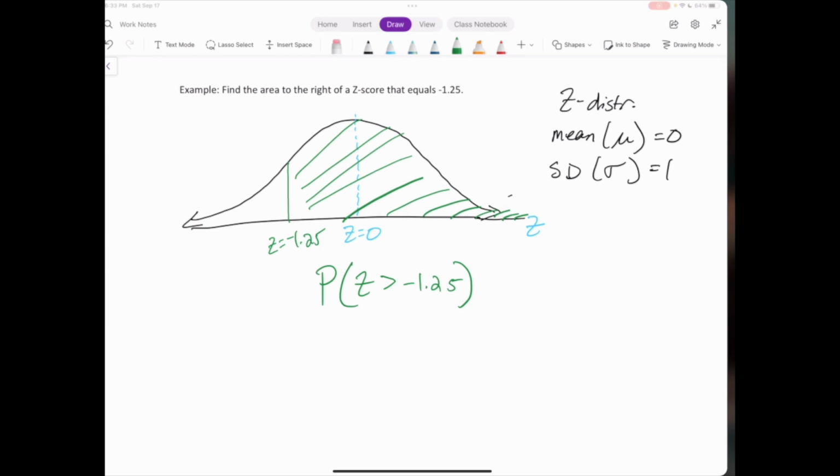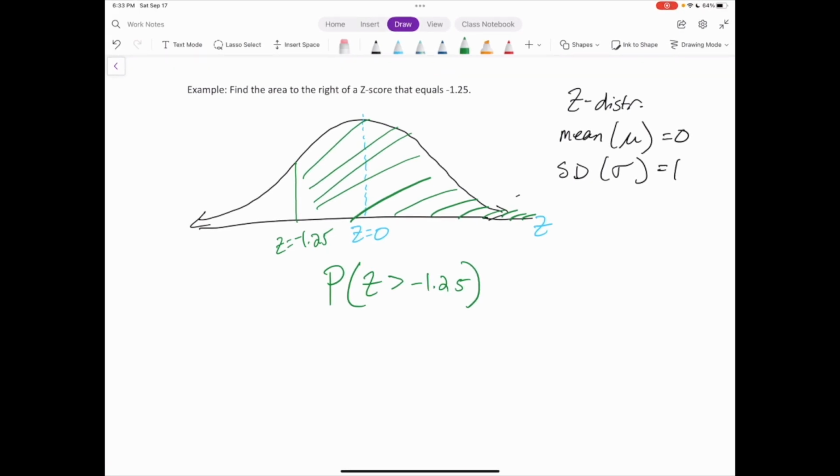You notice how they have a greater than or equal to instead of just a greater than? Let me make this really clear. For normal distributions, and in fact any continuous distribution, if you go on to other stats, greater than and greater than or equal to will be the same thing.